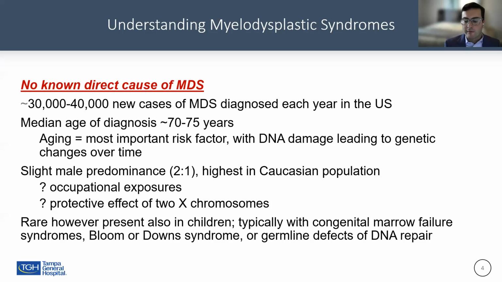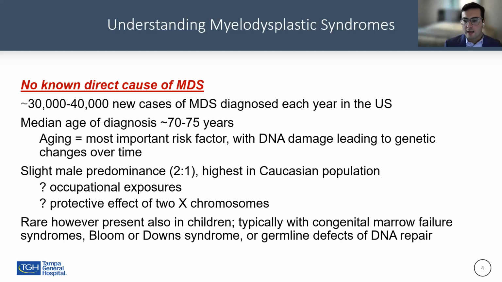And the most important factor that we know of that leads to this syndrome is DNA damage. And that DNA damage in most cases is from aging. So basically over time you have dividing cells in the bone marrow, and as someone ages, they have less of an ability to regulate the damage that occurs in their cells.